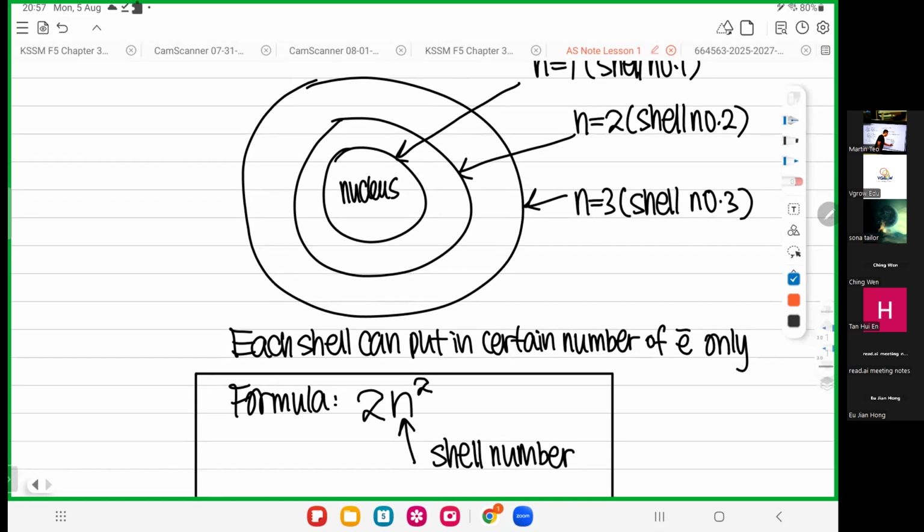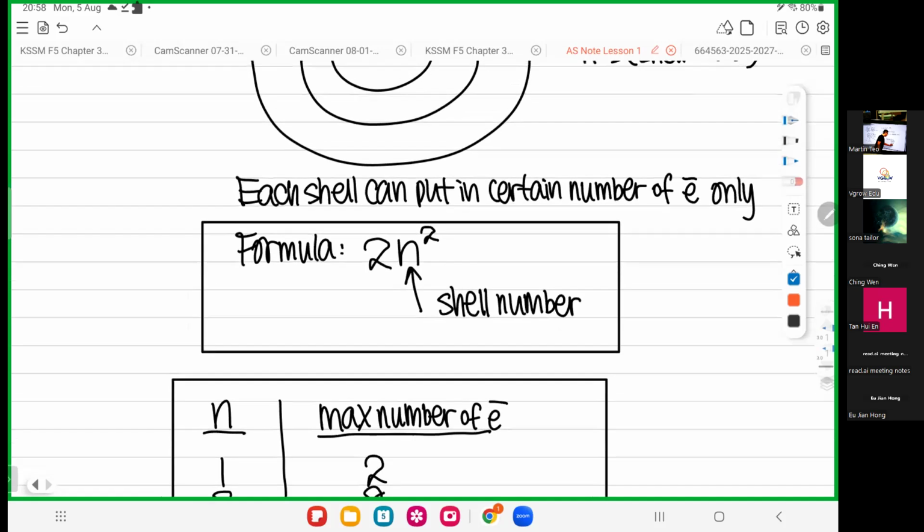The n here is the shell number. Remember, the shell closest to the nucleus is shell number 1, n equal to 1. The second circle is shell number 2, and so on. Let's do mathematics. If you put n equal to 1 into this formula, you will get 2, correct?